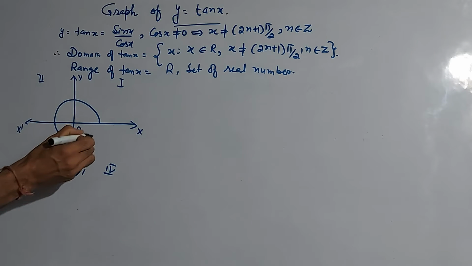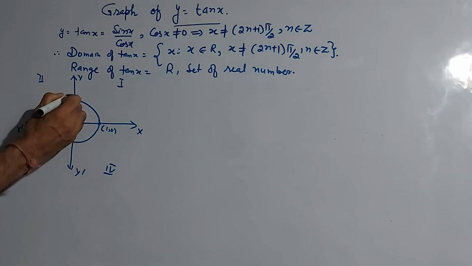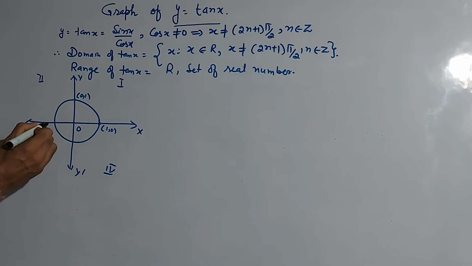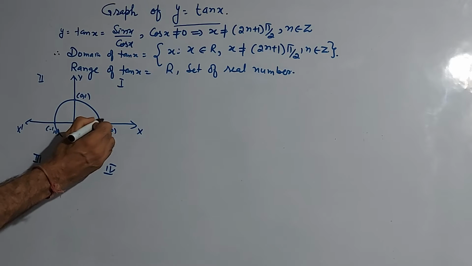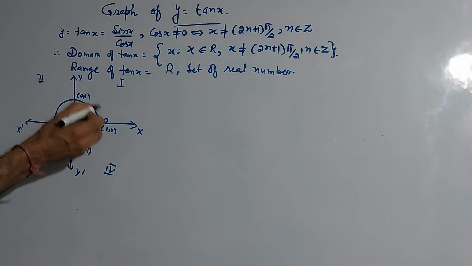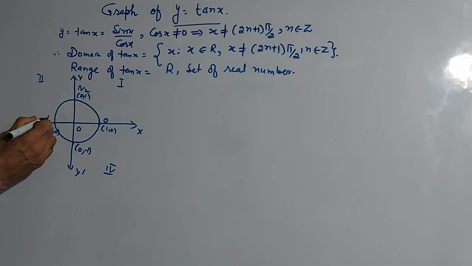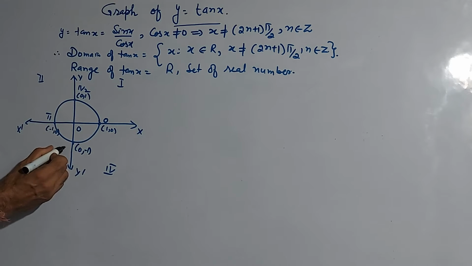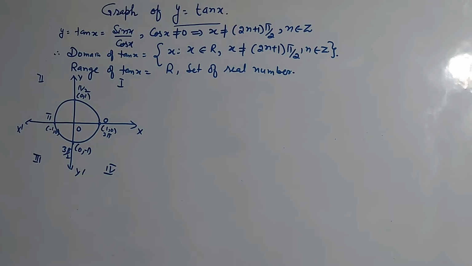Suppose this is a unit circle and this point is (1, 0), this is (0, 1), this is (minus 1, 0), and this is (0, minus 1). If we go in this direction, anti-clockwise, this is 0 degree, this is pi by 2, this is pi, this point is 3 pi upon 2, and this again we reach after a complete revolution, 2 pi, meaning 360 degrees.